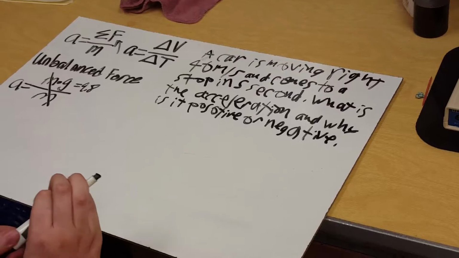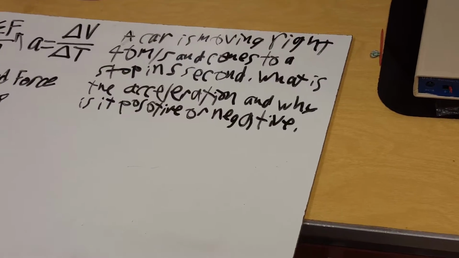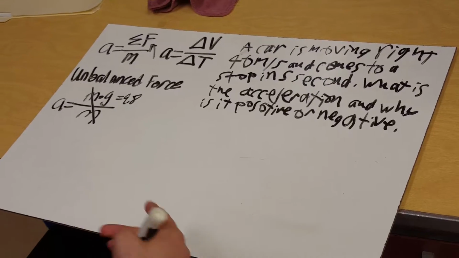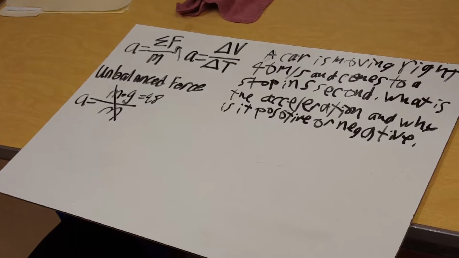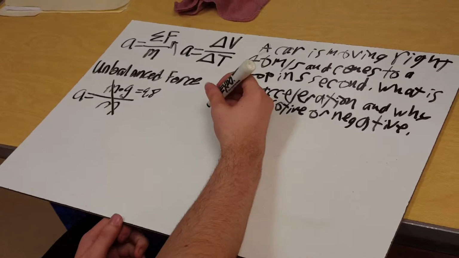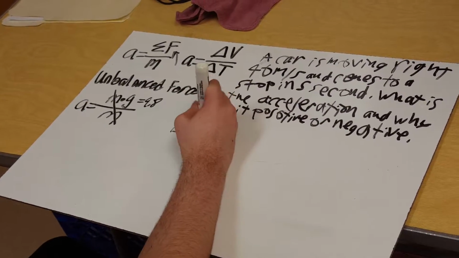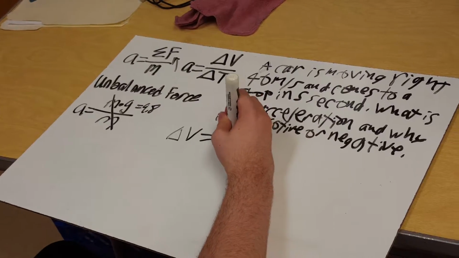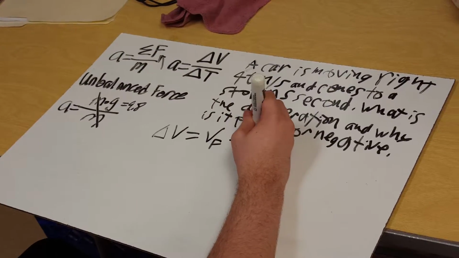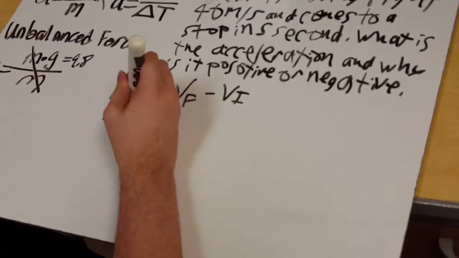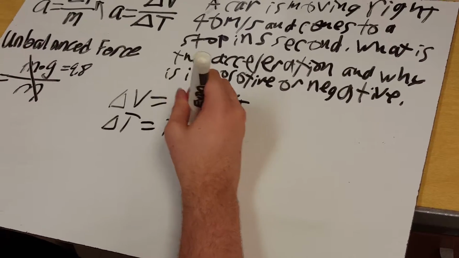So now we will take what we learned before and apply it here. Delta V could also be written as V final minus V initial, and delta T is also time final minus time initial.